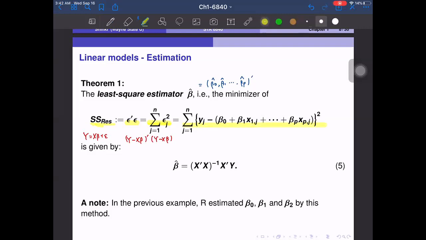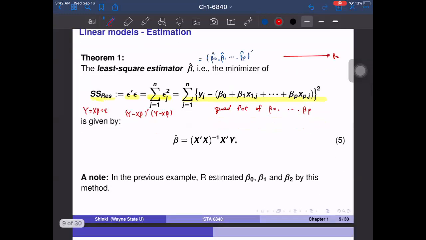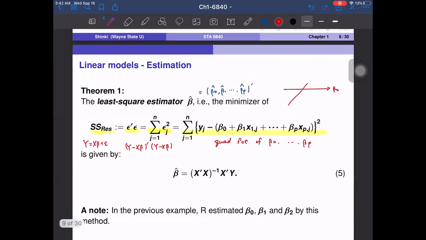And this is actually a quadratic function of beta naught to beta p. So you can imagine that it's easy to minimize. Suppose, for example, we only have beta naught and beta 1, and we think about the function of SS residual.